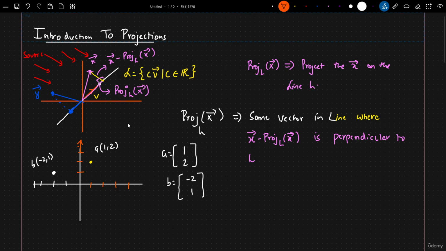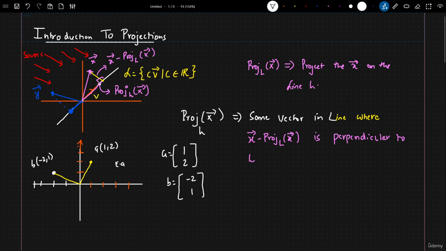Whenever I talk about this vector a, this is this line. Let me create this specific line. And when I talk about this vector b, this is this line. Do you see one property for these vectors? Both these vectors are perpendicular to each other. Here also you can see it is exactly 90 degrees.